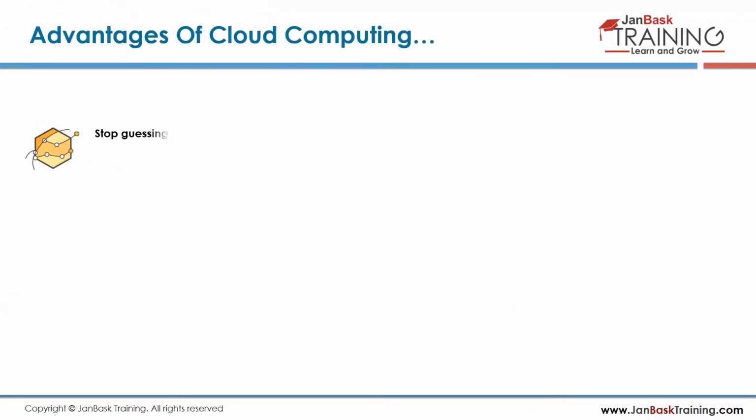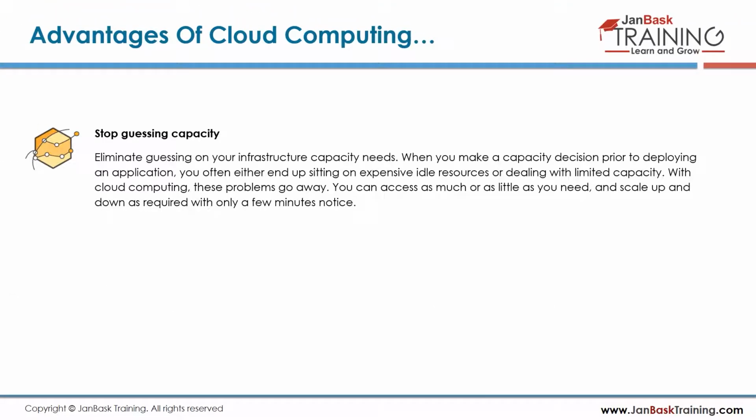So stop guessing capacity. Now, let me take you into a scenario, right? So you are an IT engineer, you developed something, you have a really good application, a really great Android application, a really great iPhone application, and you put it out there, right? So this actually happened with a couple of applications. I'll tell you the example.